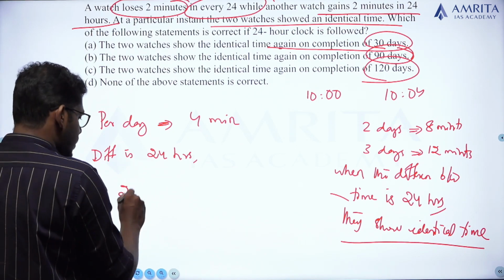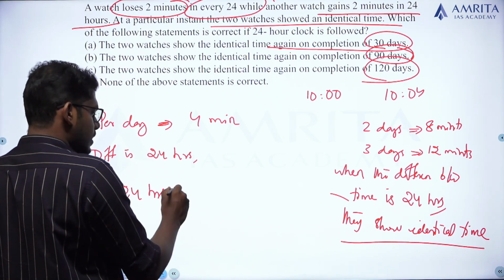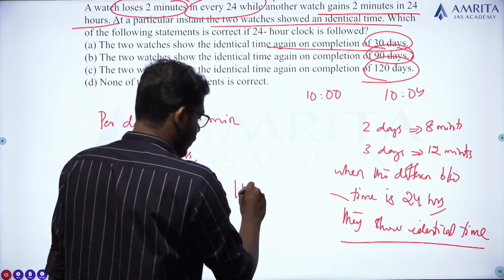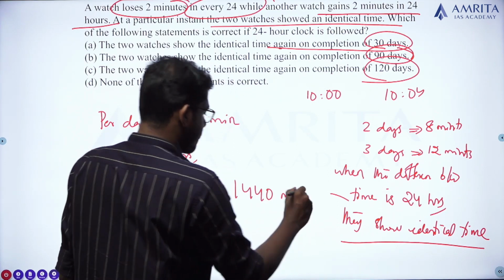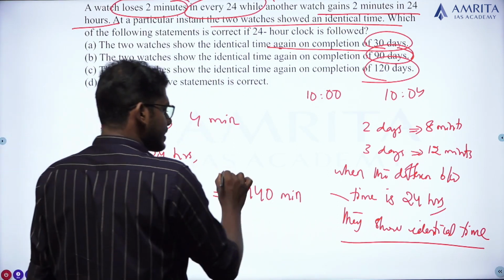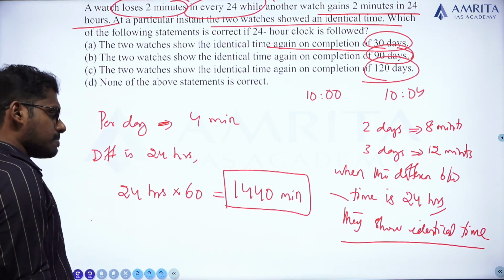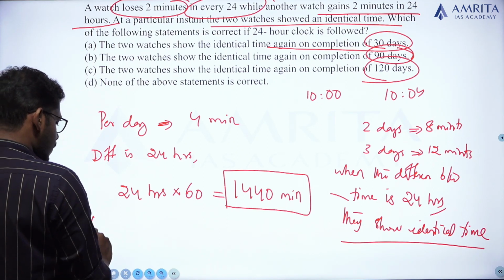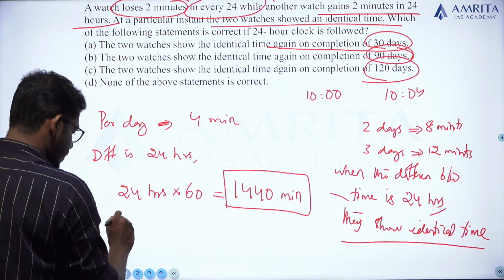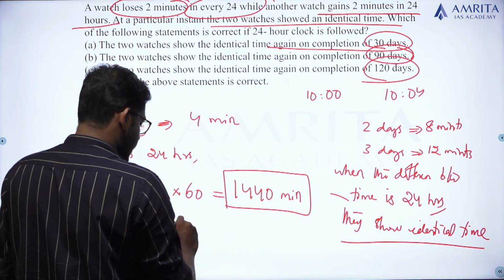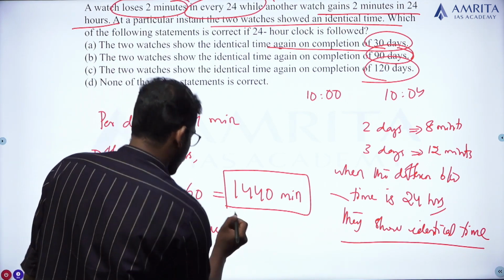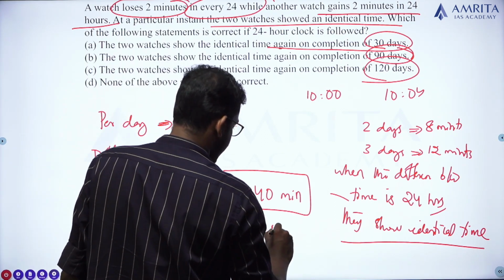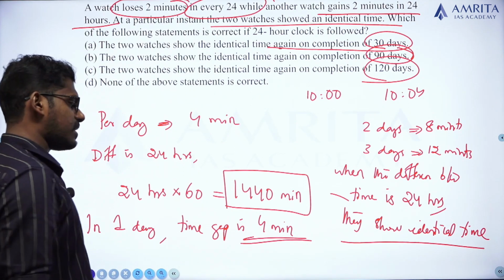So 24 hours, converting into minutes, we get 24 into 60, that is 1440 minutes. So they show identical time in 1440 minutes. So we have to find the number of days taken. In one day the time gap is 4 minutes.